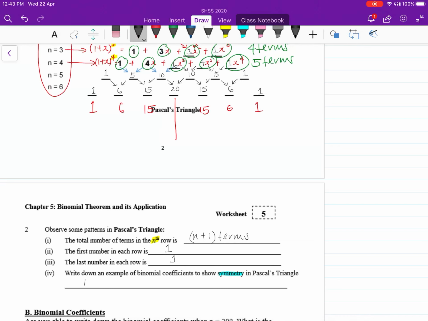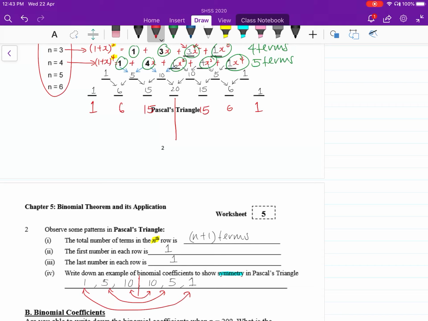So it's like 1, 5, 10, 10, 5, 1. It's a symmetry. Alright, you realize? So it always goes up in the middle, then after that from the middle it will go down, and it's symmetrical. The numbers are the same.